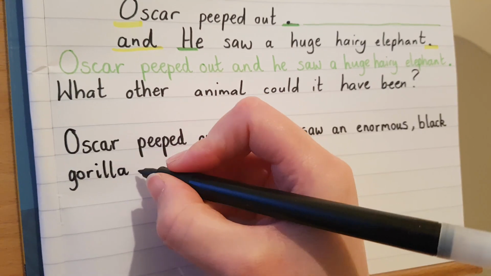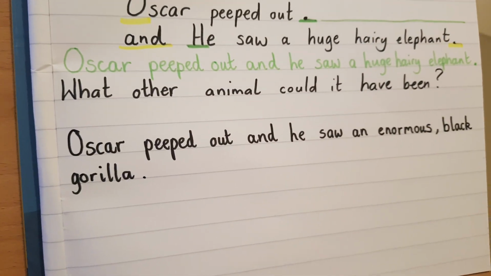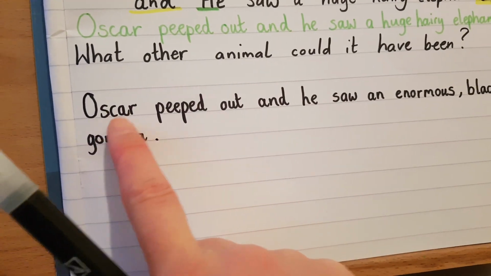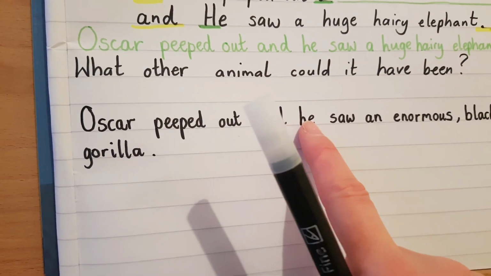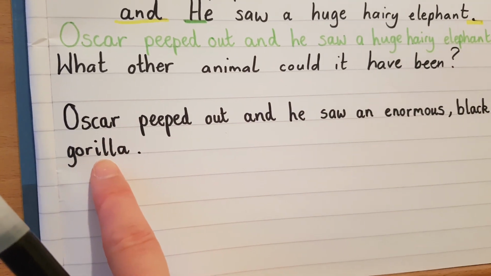Sounding out the words to help you spell. Now we need to check back over our sentence to make sure it makes sense. Oscar peeped out and he saw an enormous black gorilla.